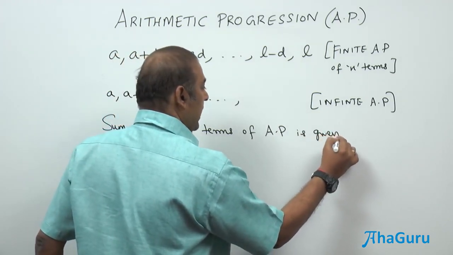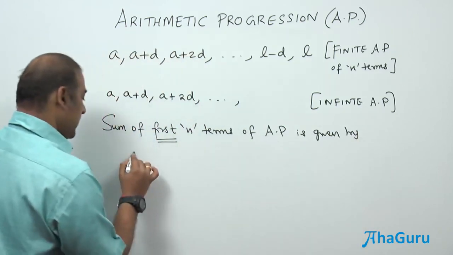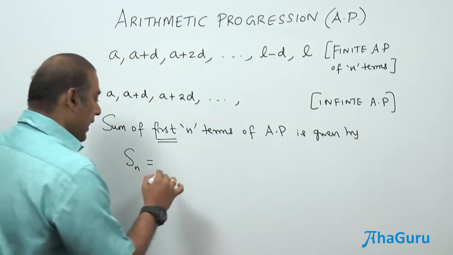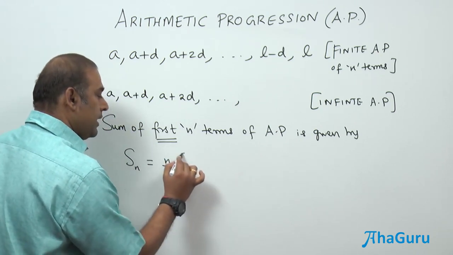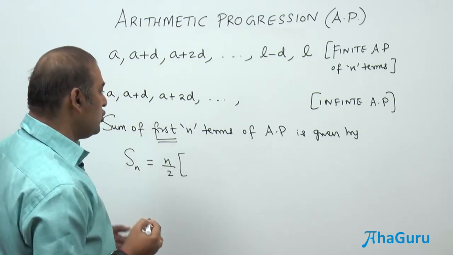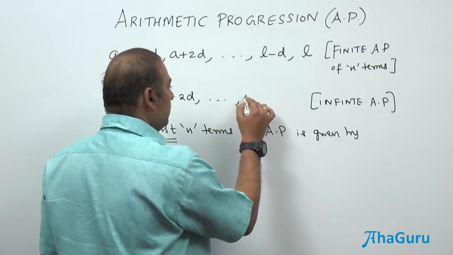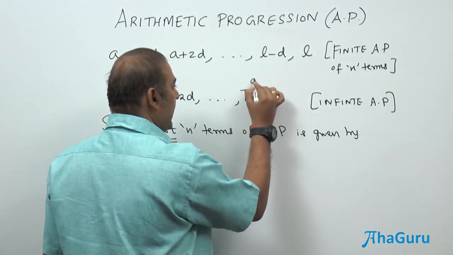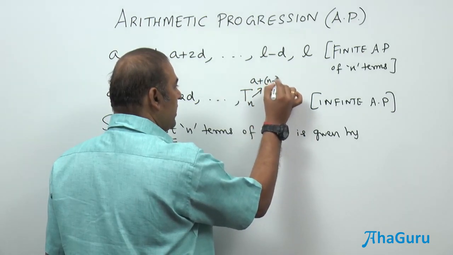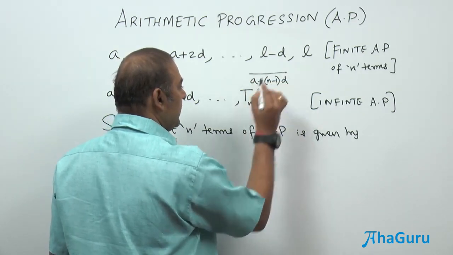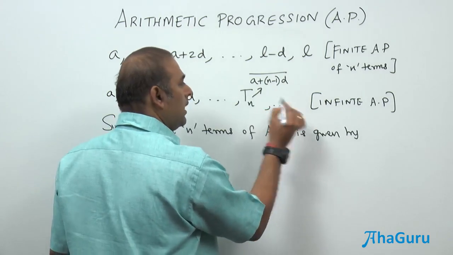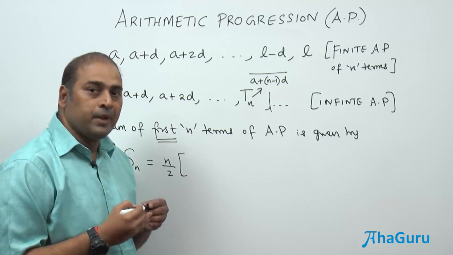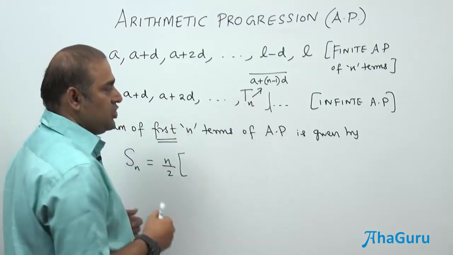It is given by Sn is equal to n by 2 times, we already know, A plus L. You can assume that this nth term is going to be Tn, which is A plus n minus 1 into D, and you may proceed so on. This is almost like a finite AP, because you want to take only this summation.